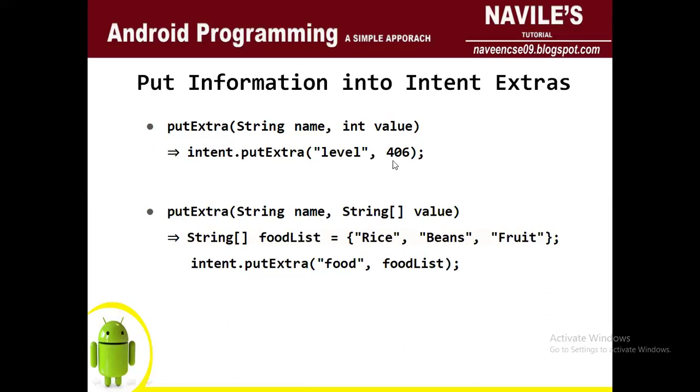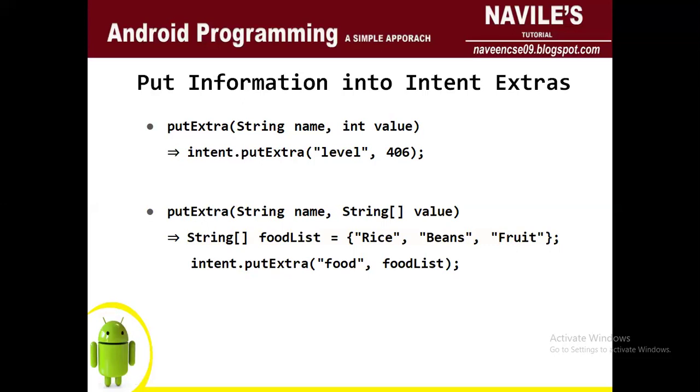Not only a single value, we can also pass an array of values, like a food list array which contains rice, beans and fruit. Even the array can be passed as a value, and the name for this value is given as food.